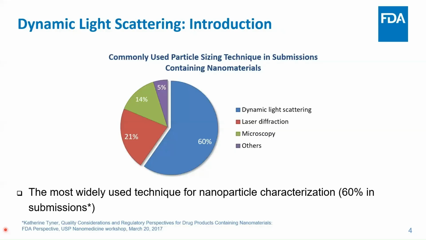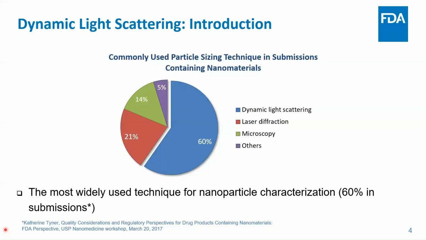If you look at the number of submissions that have nanomaterials, you can see a clear winner: the number one most used technique is dynamic light scattering, with over 60% of submissions using dynamic light scattering as part of their submission.